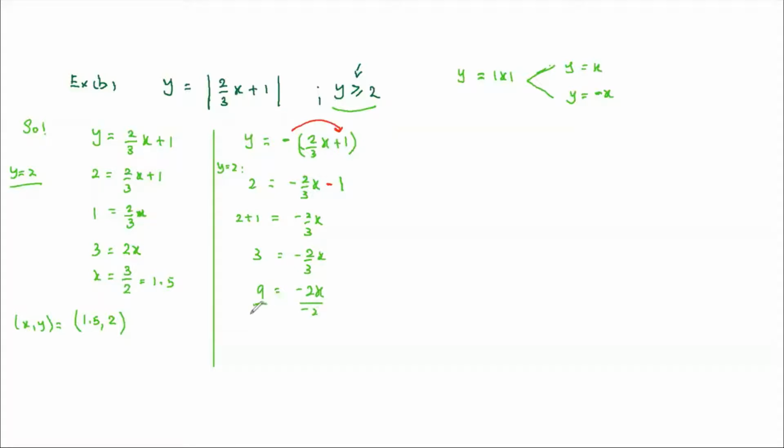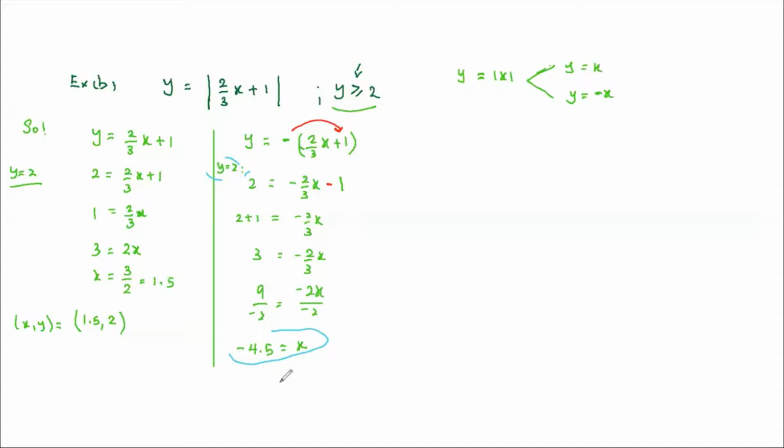The minus becomes plus, you cancel, you're left with x, and this one is minus 4.5. Now we got the next coordinate point.